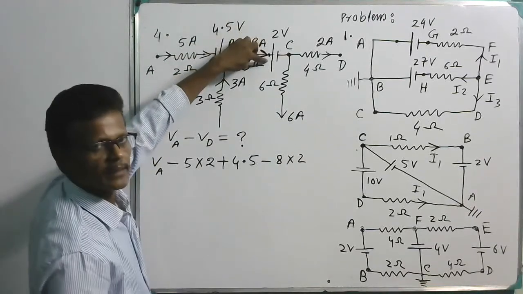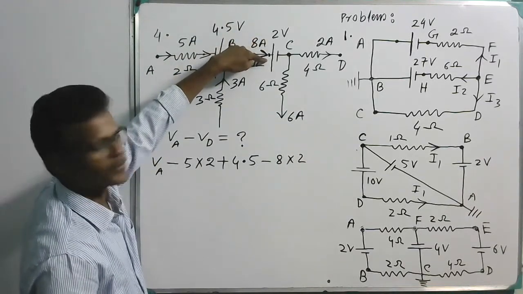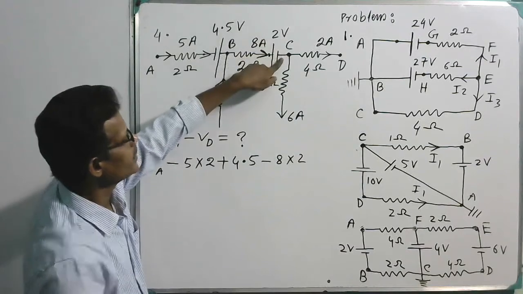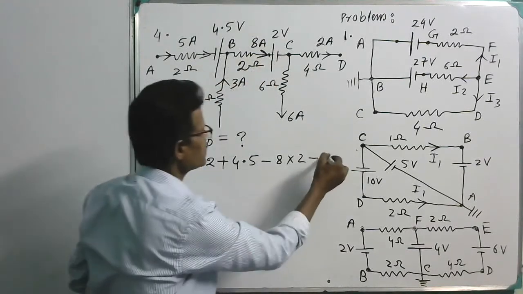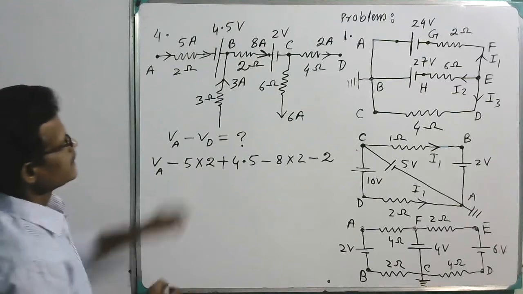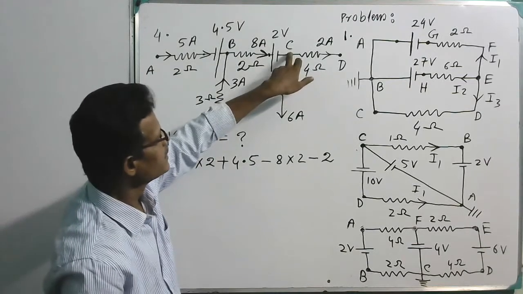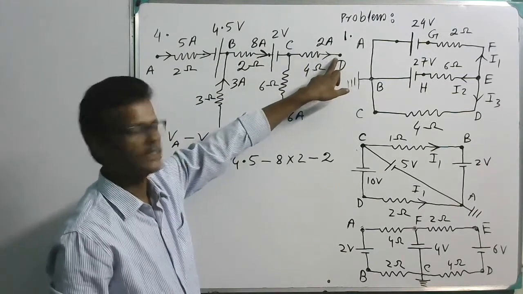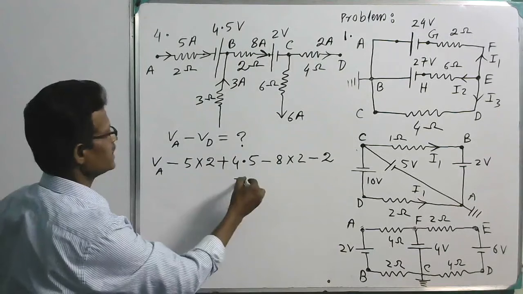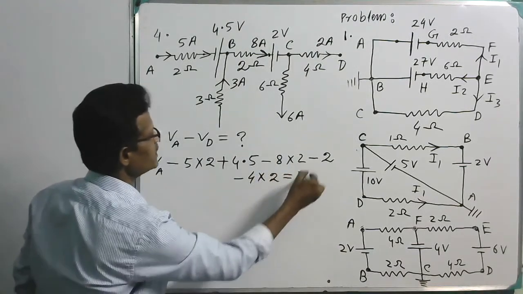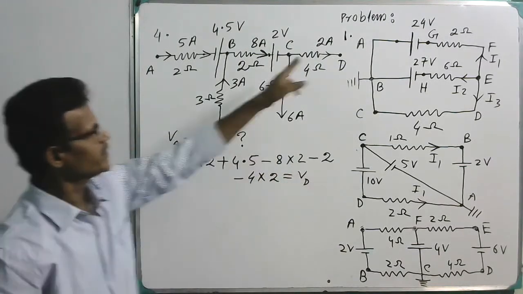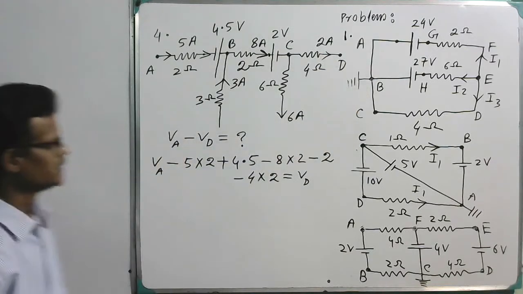Then you are crossing this cell from higher to lower potential, so put a minus of 2 volt. Finally, you are crossing this resistance, so again minus 4 into 2 equal to VD. So you have got the potential of point VD.